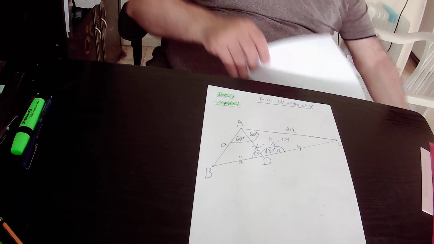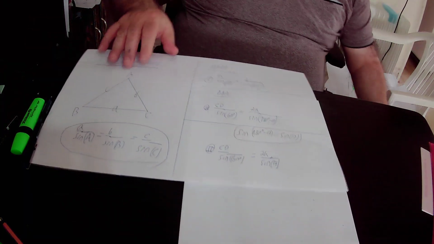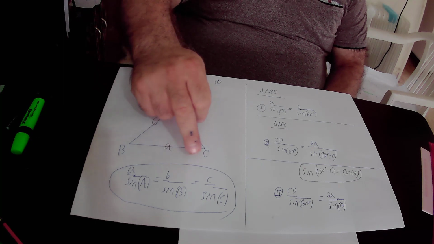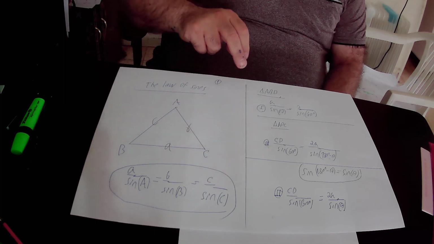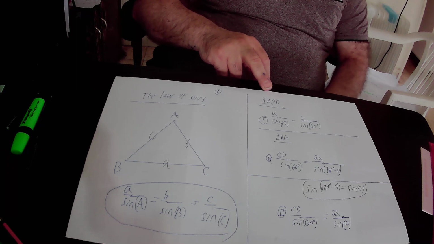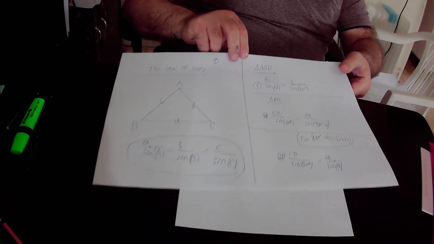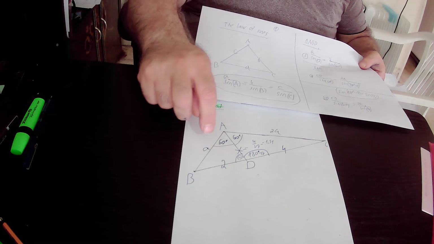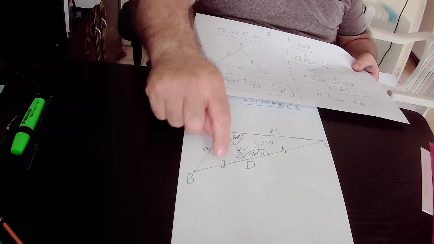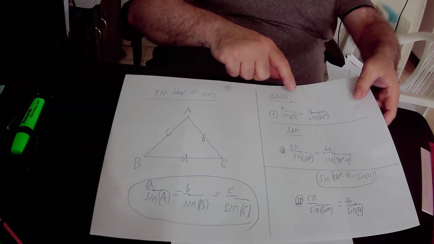According to the law of sines, in triangle ABC, a over sine A equals b over sine B equals c over sine C. We applied the law of sines in triangle ABD, and we get that a over sine theta equals 2 over sine 60 degrees.